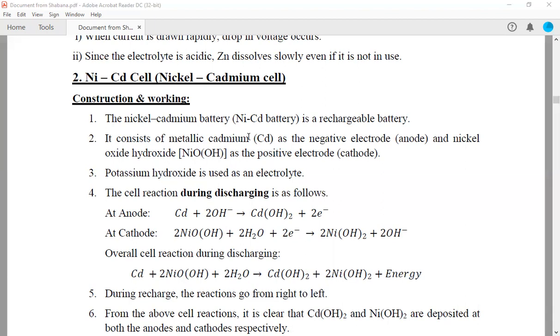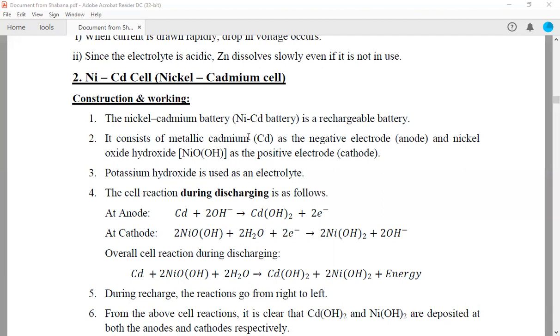And the overall reaction during discharging is Cd, that is cadmium, plus nickel oxide hydroxide, plus 2 water molecules, that gives rise to cadmium hydroxide along with nickel hydroxide, with the liberation of energy. During recharge, the reaction goes from right to left.